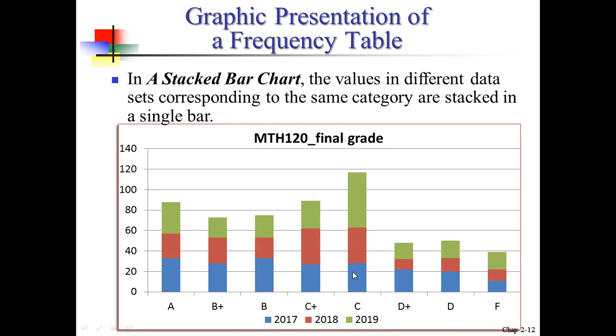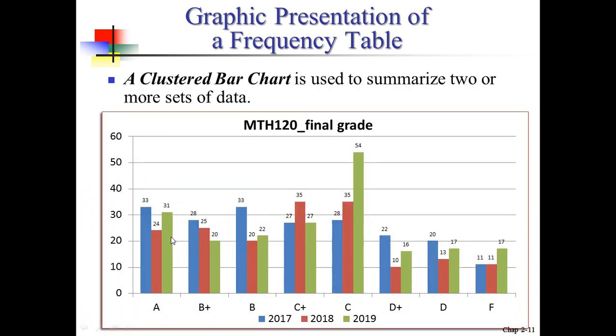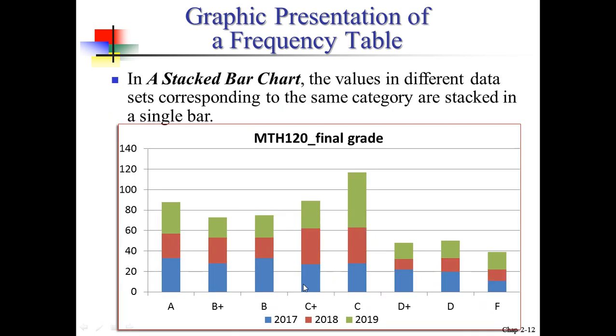With the cluster chart, you need a long area, because if you have 10 years, you need 10 bars among A. That's why it's a bit longer. With the stacked chart, if you have 10 years, we still have 1 bar, but inside each bar we have 10 different parts.